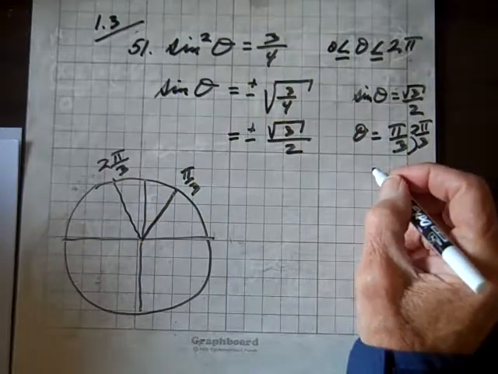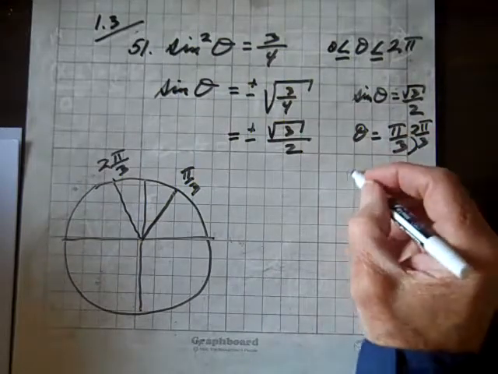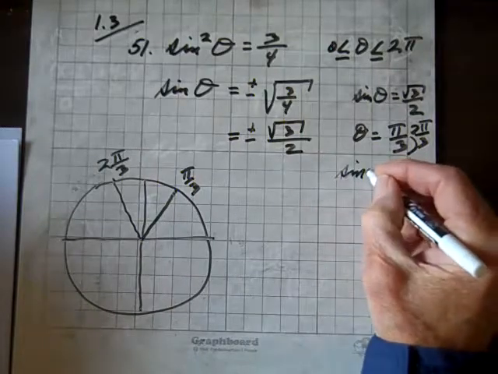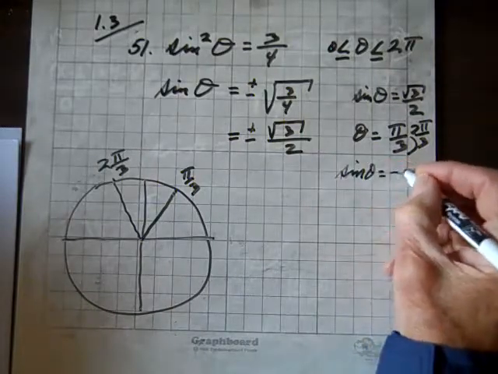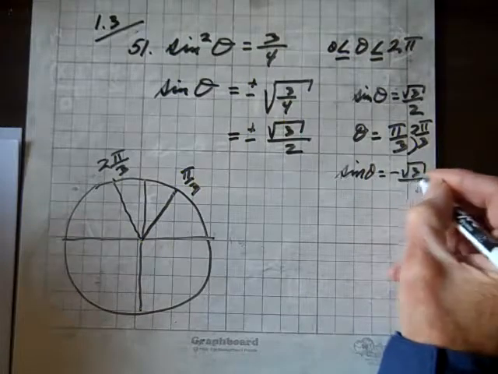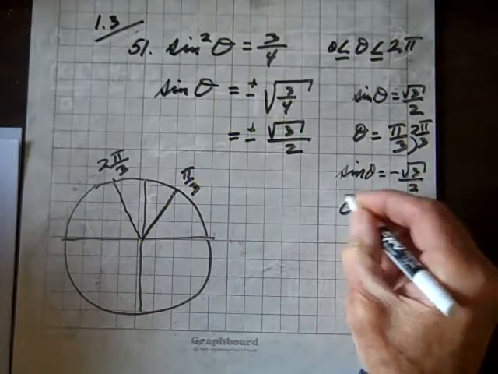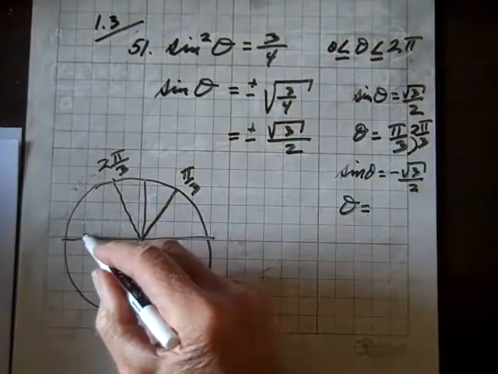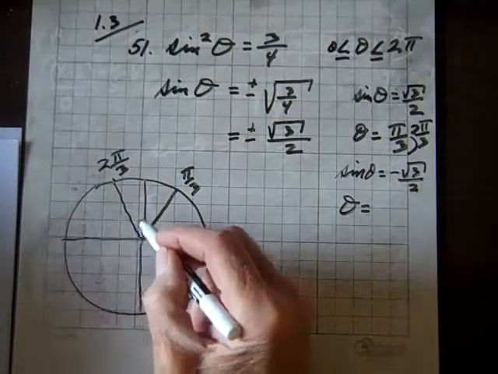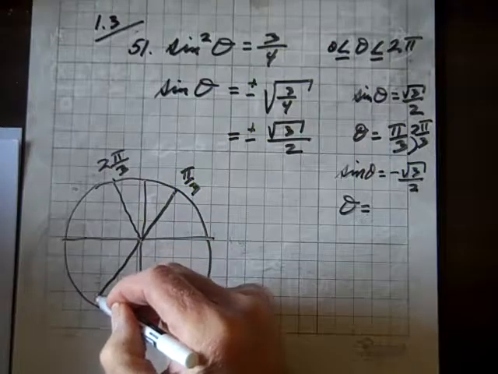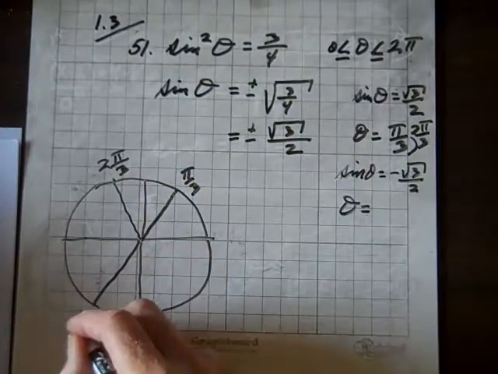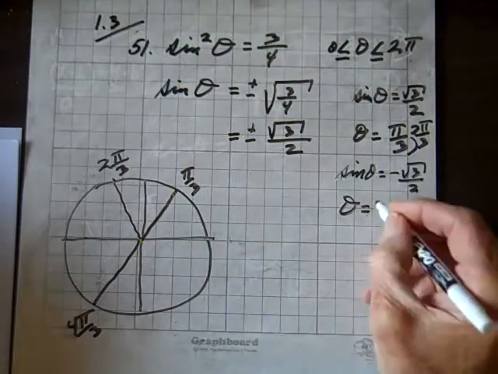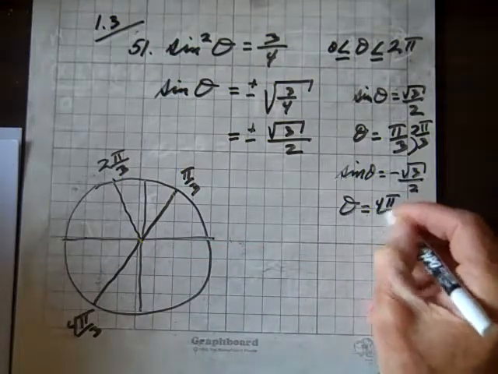If sine theta equals negative root 3 over 2, well, we have two candidates for solutions there. Let's see, we'll add another pi over 3, that's 3 pi over 3. Here we go, 4 pi over 3.